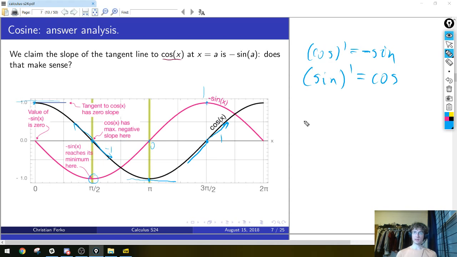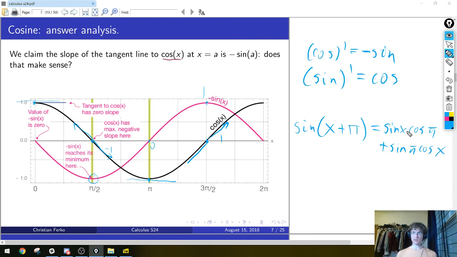because if you think about the angle addition formula for something like sine of x plus pi, this is going to be sine x cos pi plus sine pi cos x.